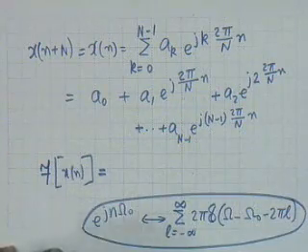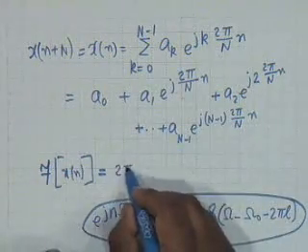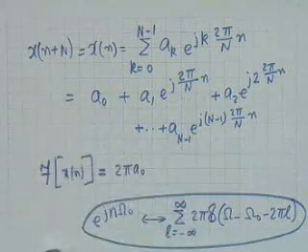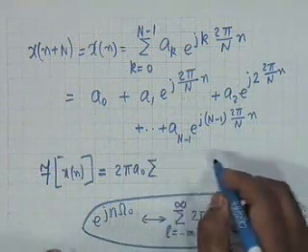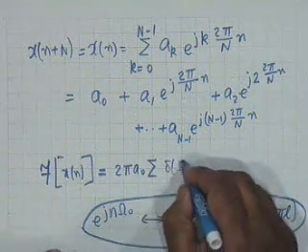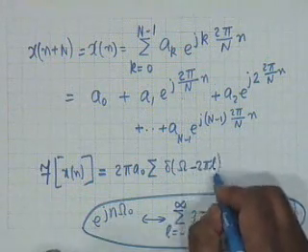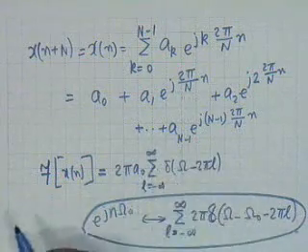Well, what would be the first term? First term would be 2 pi a0. What is omega 0 for this term? 0. And therefore, I shall have summation delta omega minus 2 pi L, all right, L from minus infinity to plus infinity. I will not write this again and again, I will simply write summation.